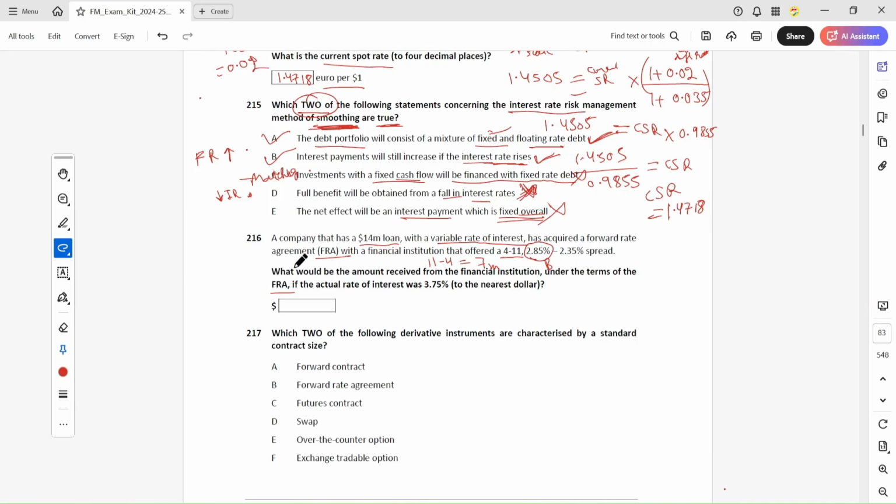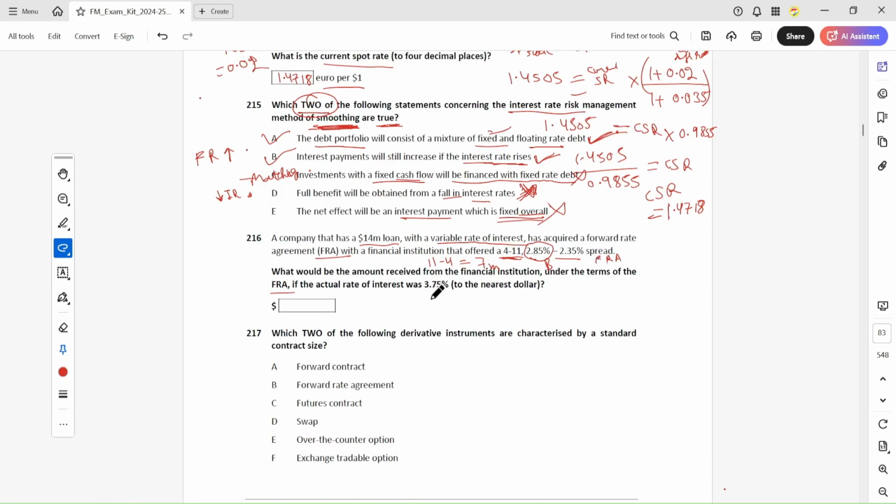So what is a forward rate agreement? In a forward rate agreement, we go to the bank and fix a forward rate. This is the forward rate given by the bank.